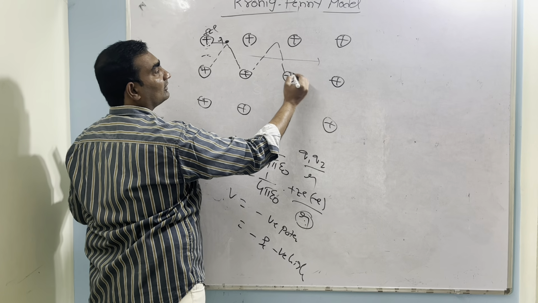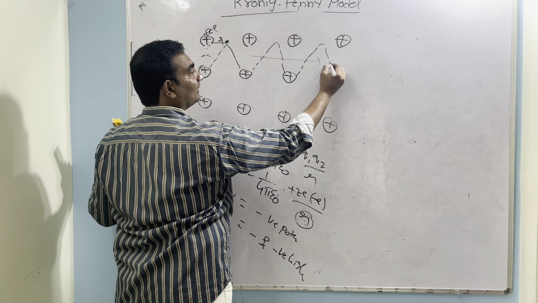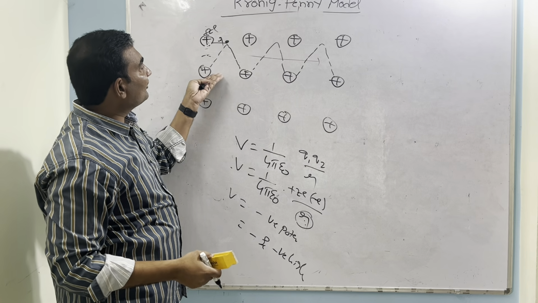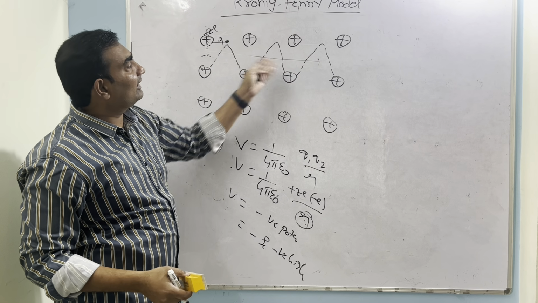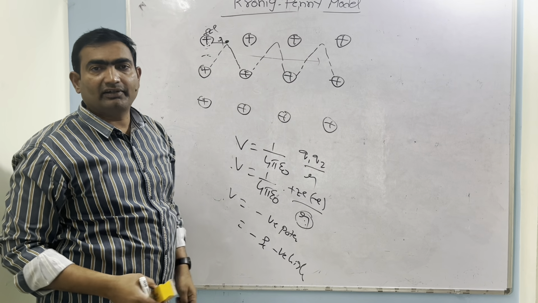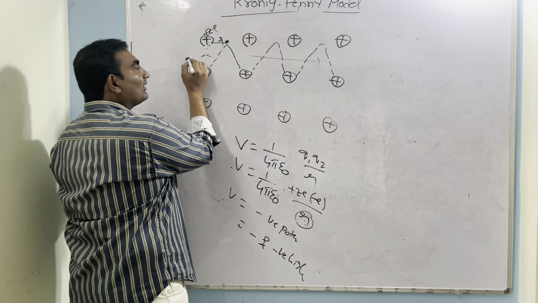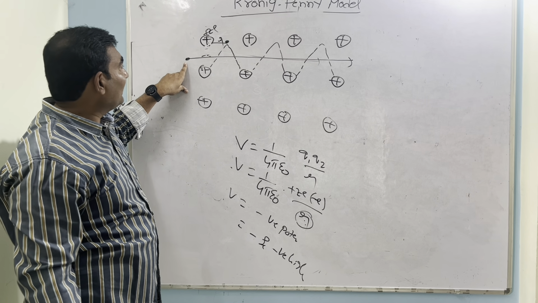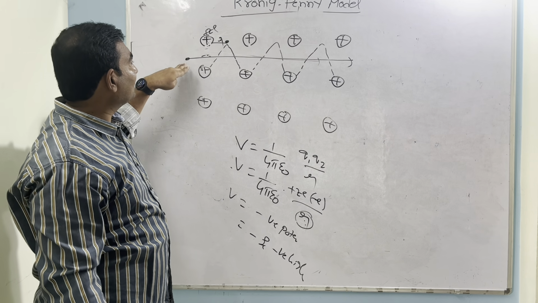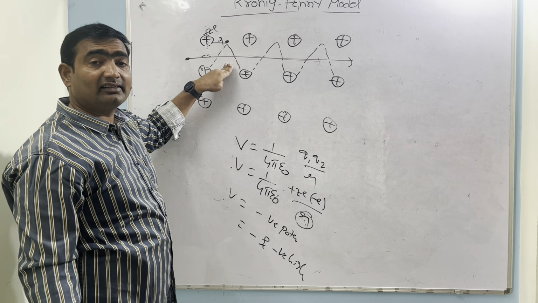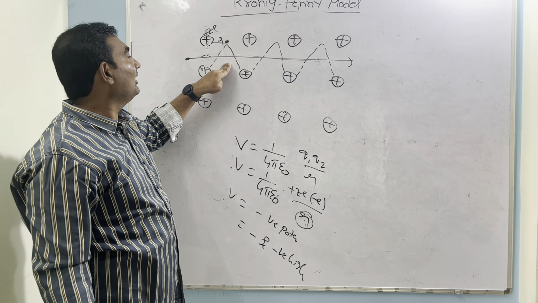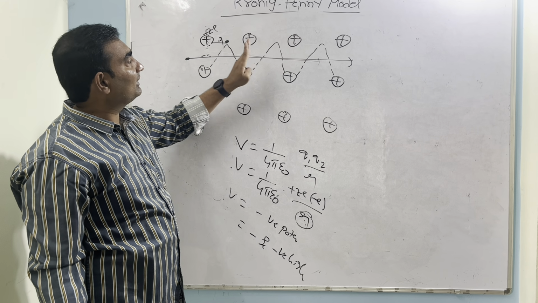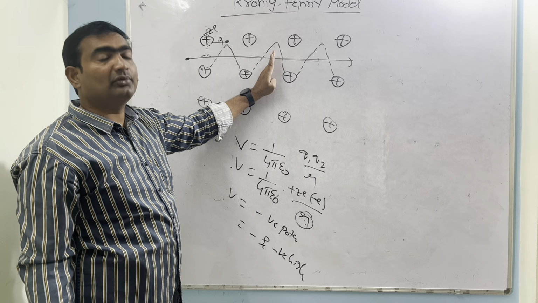Since this is a metal, the atomic structure is regular, so we can shape the potential like this. These are called periodic potentials. According to Kronig and Penny, as the electron moves inside the crystal, it experiences these potentials. At some places it experiences a low potential, at some places a high potential.